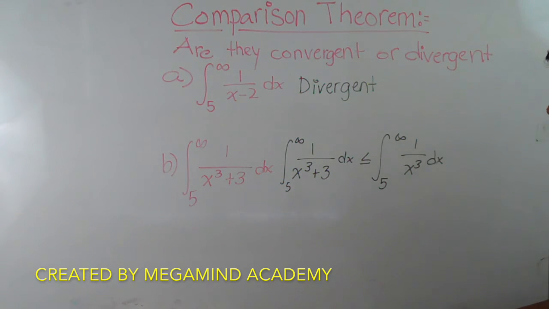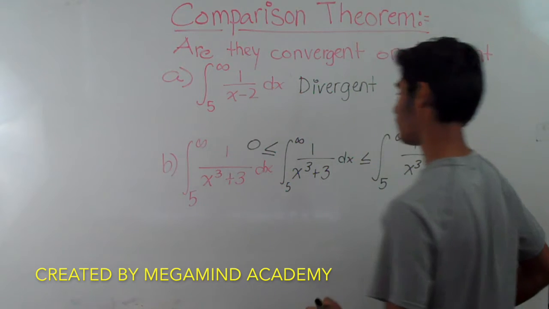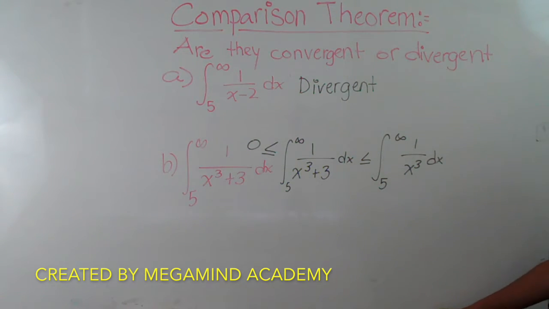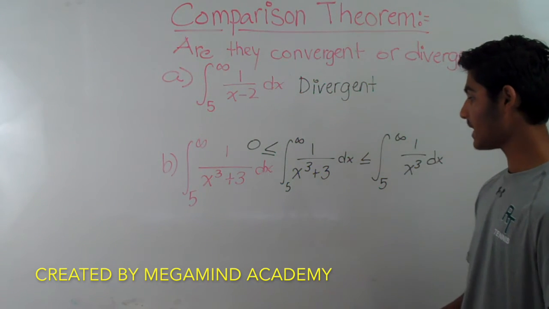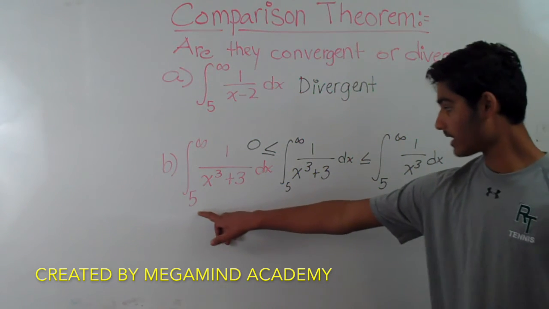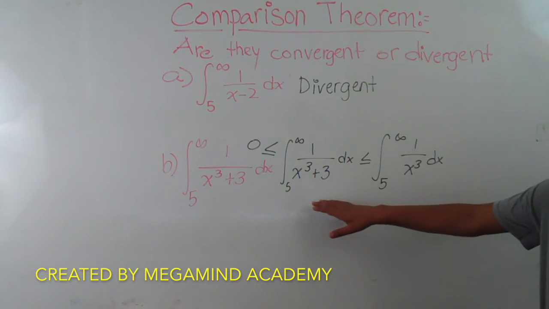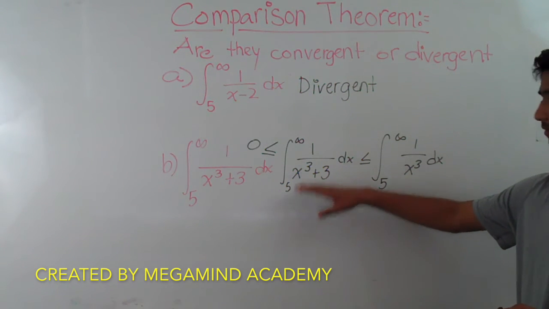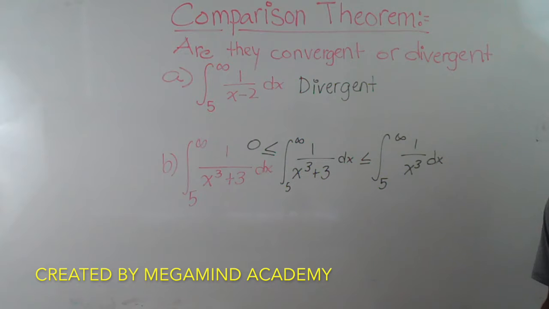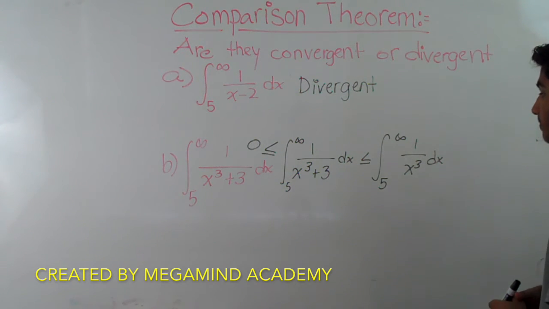And we have to make sure once again that they're all greater than or equal to 0. Forgot that in the beginning. As you can see, all of these will be greater than or equal to 0 because this interval does not include anything that is 3 or less than 3. It's just from 5 to infinity, so all the values in here are greater than 3.